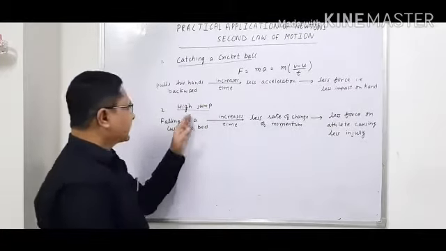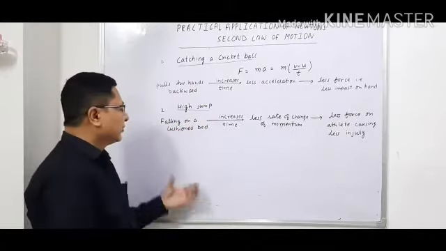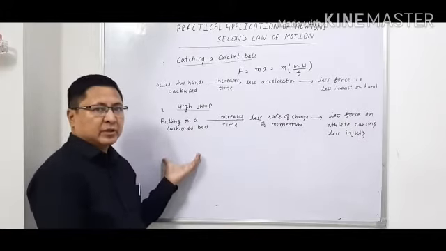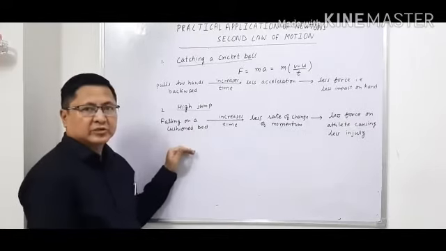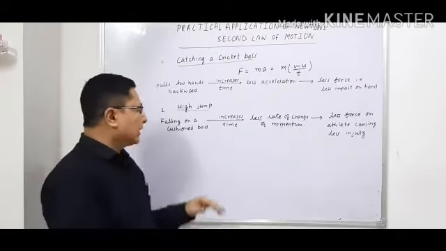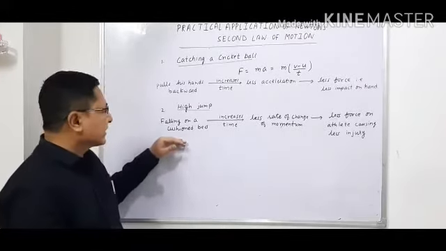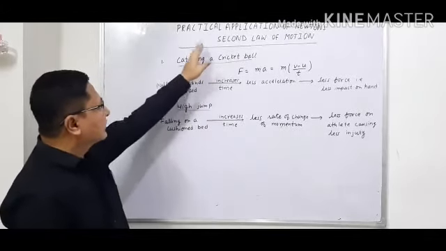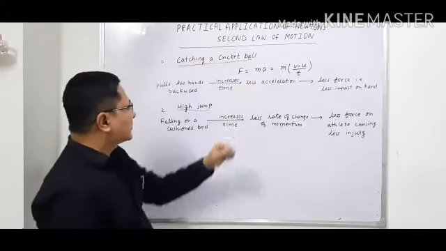Now let us take the second example of high jump. We might have seen that in sports activity, the high jumper falls on a cushion bed. Why does he fall on the cushion bed? This is again the same. It also applies the practical application of Newton's second law.